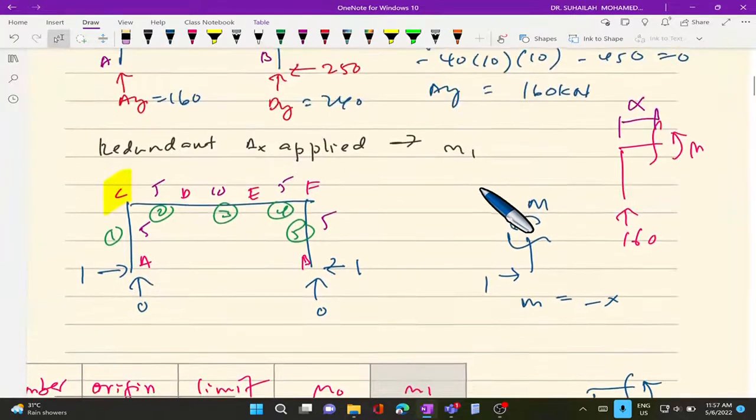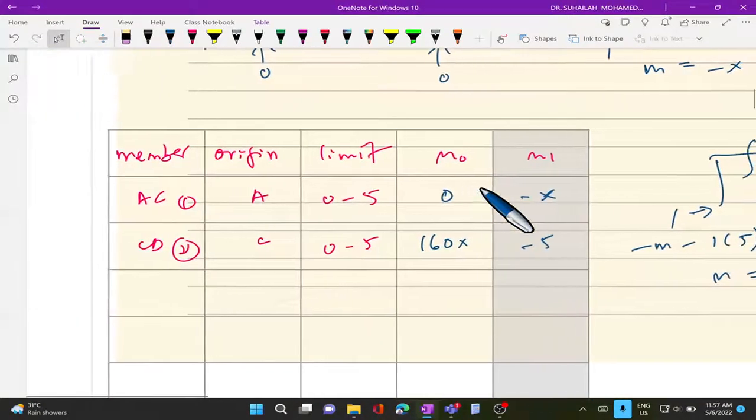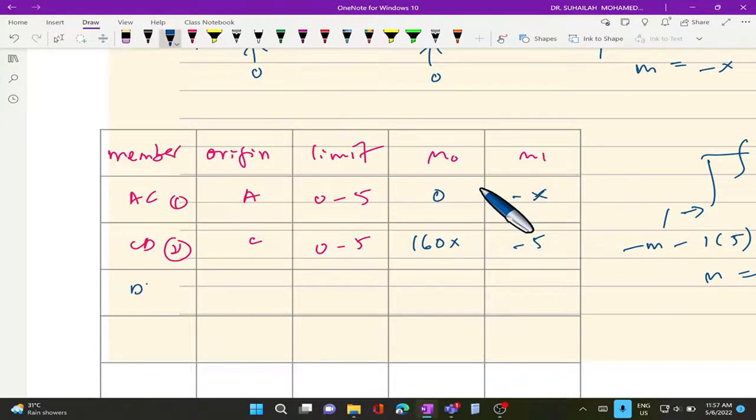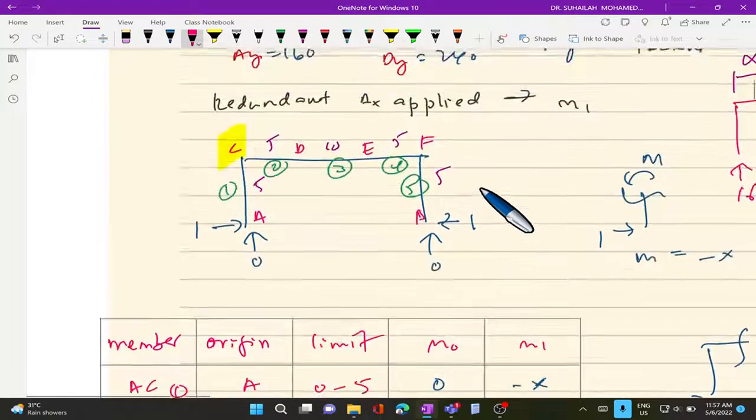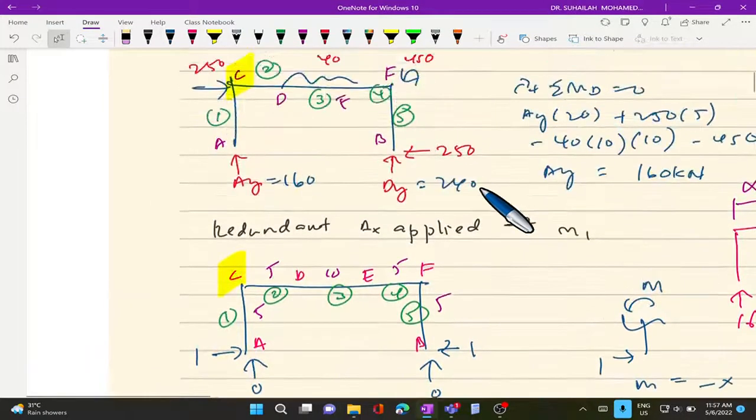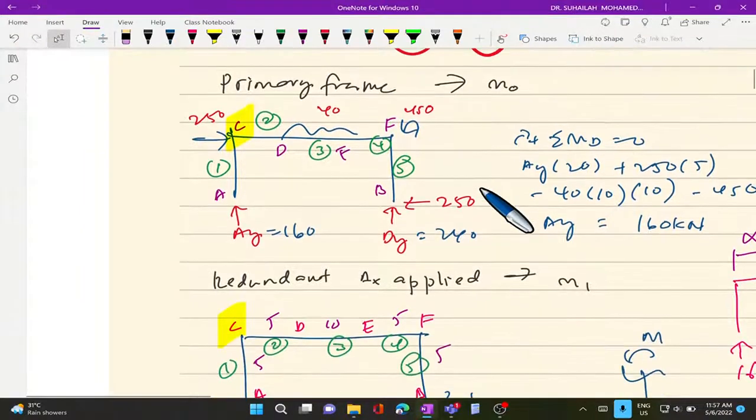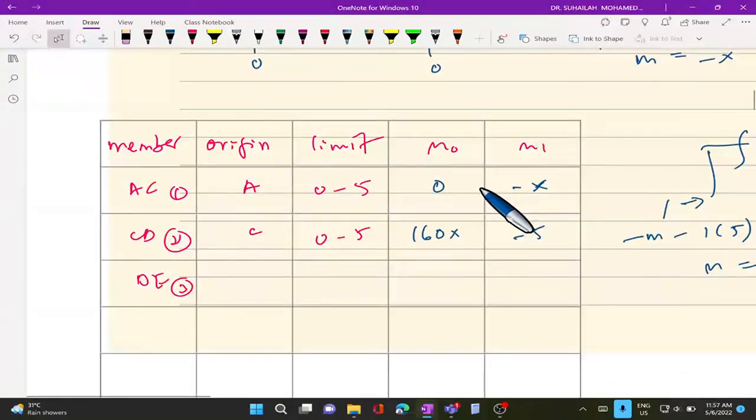Okay, so let's look at cutting section number 3. Number 3 is DE. I want to choose D as origin so that the limit will be 0 to 10.